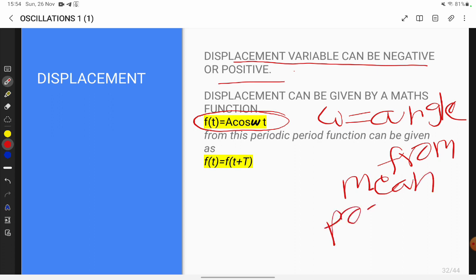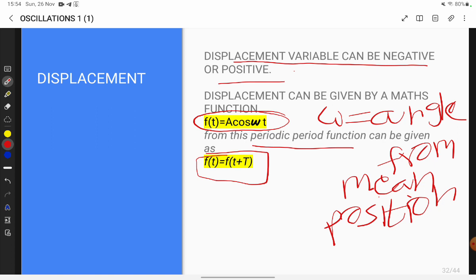So for this function we can write a periodic function as f of t equal to f of (t plus T). Remember this formula, I will be explaining it in further videos.